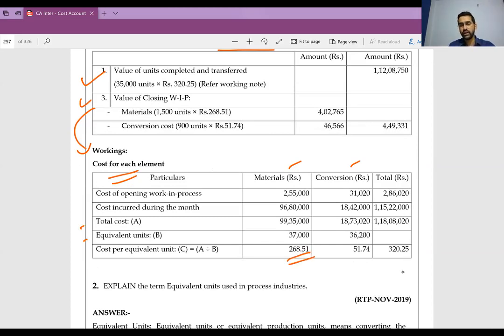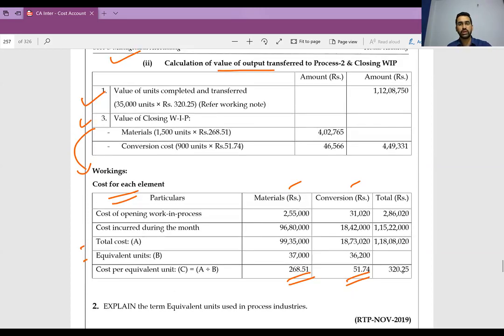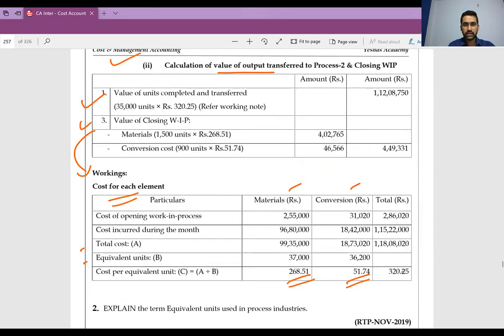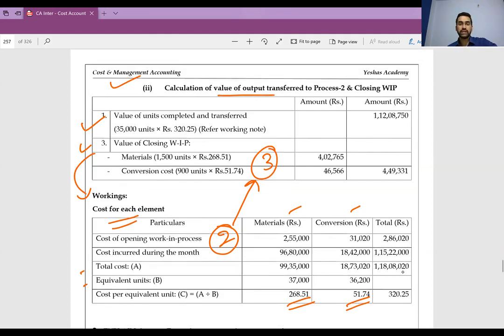unit, cost per unit. Actually, when you write the answer, what will happen? This table will come first, and then you will do this. That is my step 2, and then you will do step 3. Doesn't matter. But why I want you also to present in the way they have presented is what is asked in the question.